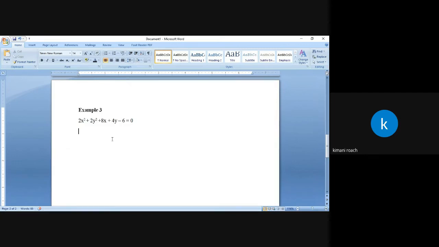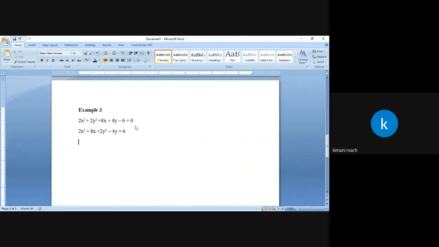So we're going to say 2x², grouping all our x terms, plus 8x, plus 2y², plus 4y, and then we bring our 6 across the equal sign. So that's going to be positive 6. We know it's negative here, and when you bring it across, it becomes positive.